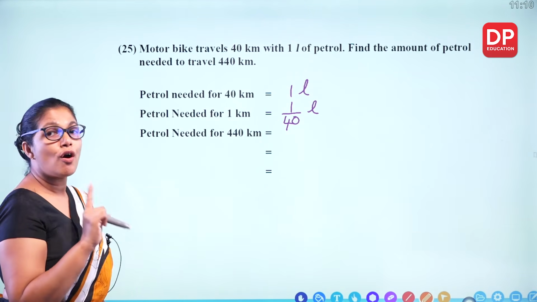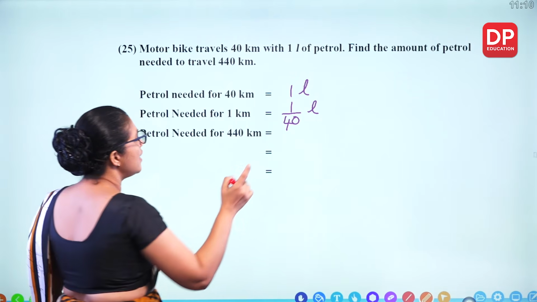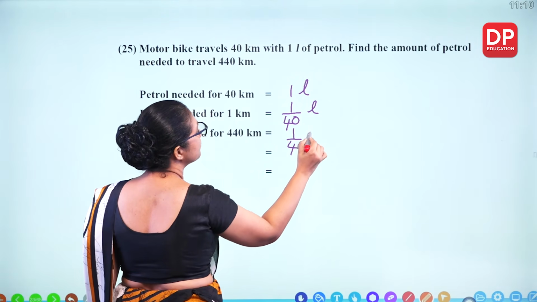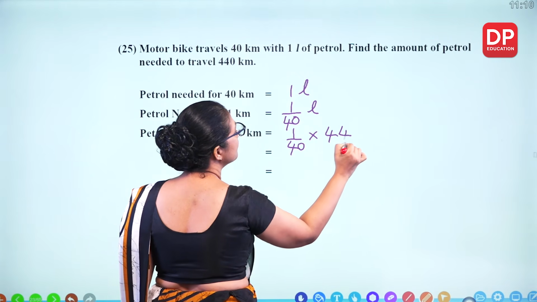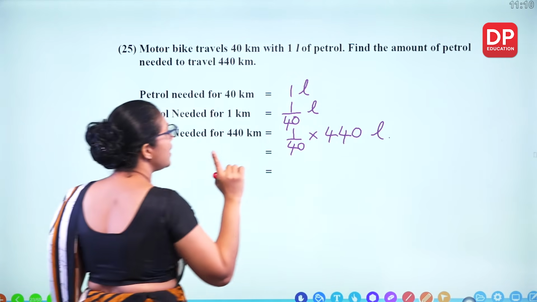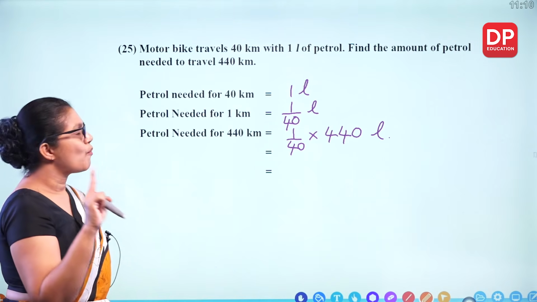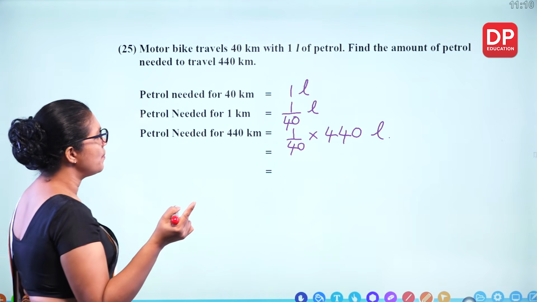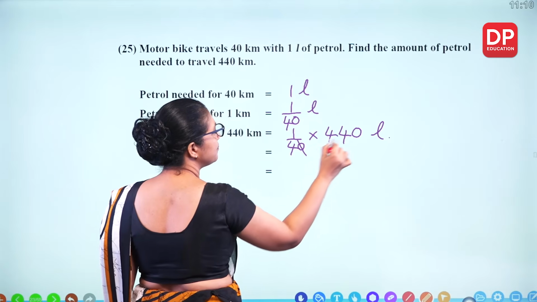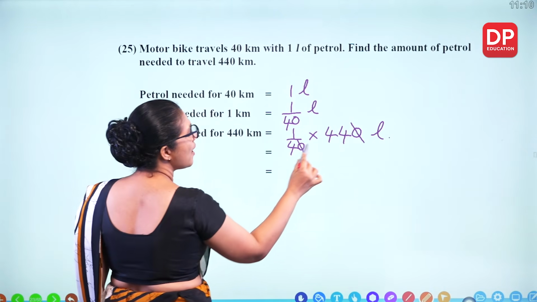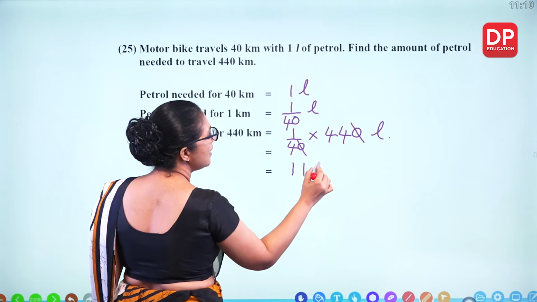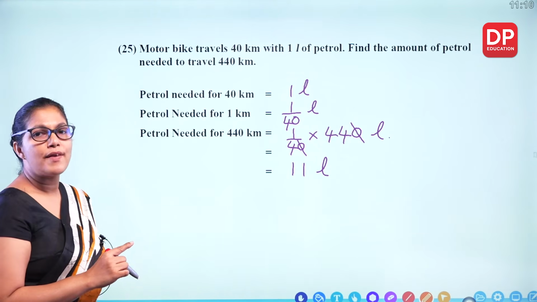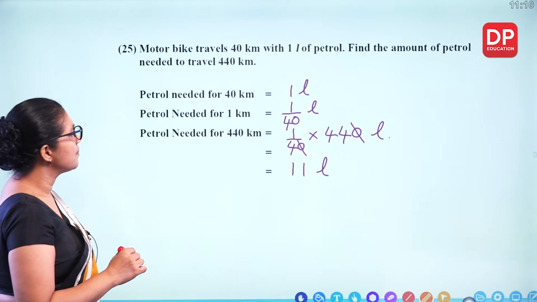Petrol needed for 440, you multiply by 440. So you find petrol needed for 1 kilometer and then think about 440 kilometers. First divide by 10, divide by 4, you get 11 liters needed to travel 440 kilometers.